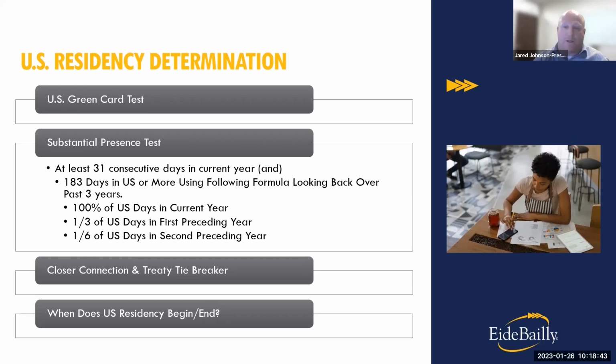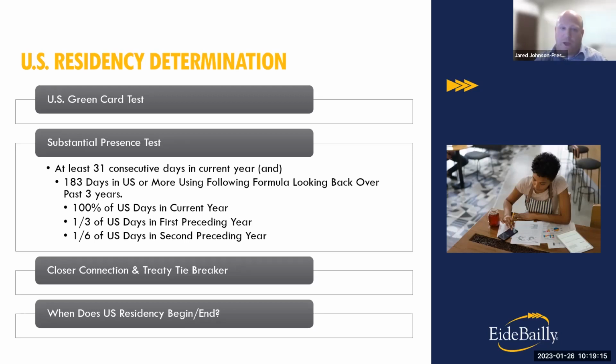Believe it or not, there are a lot of people living in the UK who may have been born to a U.S. citizen, which automatically makes them a U.S. citizen. We call them accidental citizens. They may live their whole life outside the U.S. and not even know. I help a lot of people come back into compliance with the U.S. after they become aware of this fact pattern. So that's the first thing I ask.